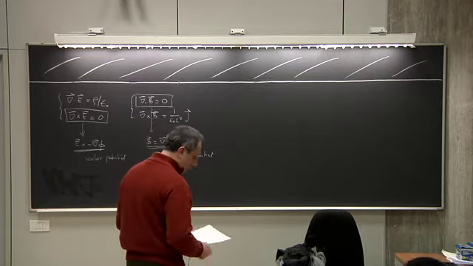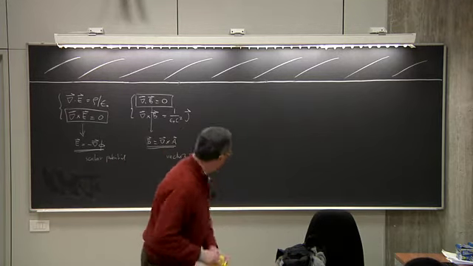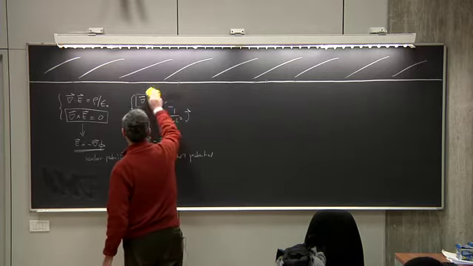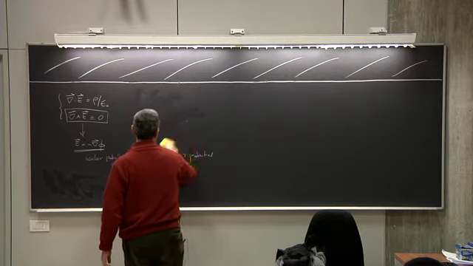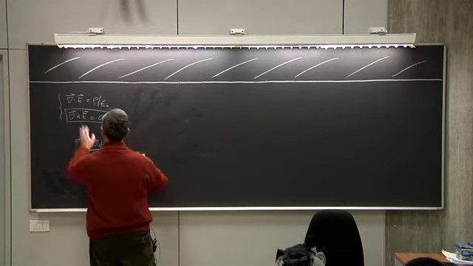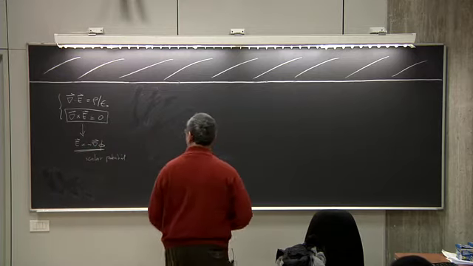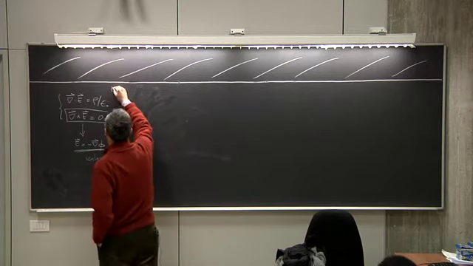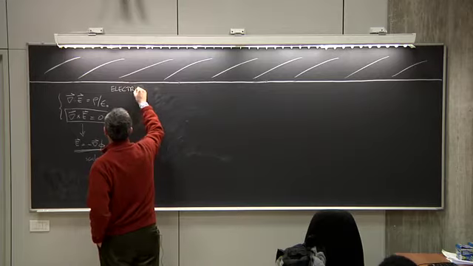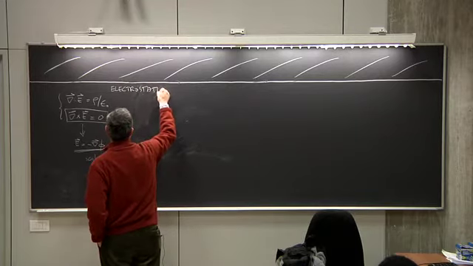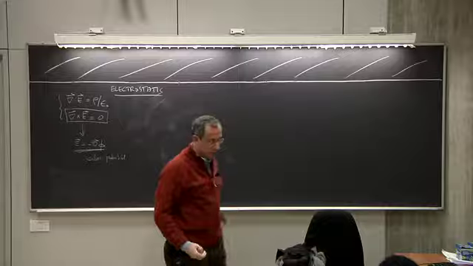So as I said, now we forget for a moment about the magnetic field, and we focus on the electric field. And this subject is called electrostatics, for obvious reasons.